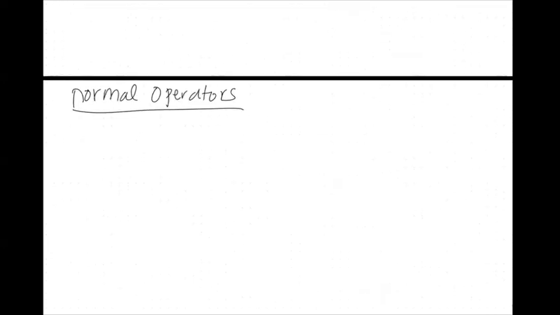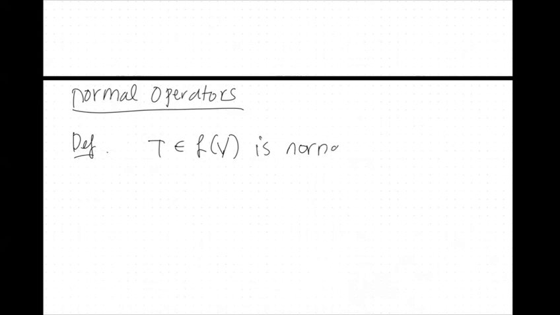First is the definition of a normal operator. So T here, a linear operator, is normal if and only if T T adjoint equals T adjoint T. That is, it commutes with its adjoint.